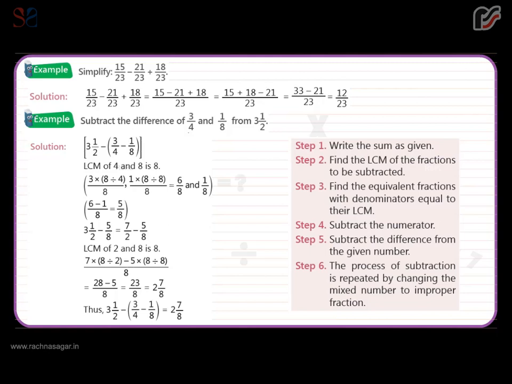LCM of 2 and 8 is 8. (7 multiplied by 8 divided by 2 minus 5 multiplied by 8 divided by 8) upon 8 is equal to (28 minus 5) upon 8, which is equal to 23 upon 8, which is equal to 2 7 upon 8. Thus, 3 1 upon 2 minus (3 upon 4 minus 1 upon 8) is equal to 2 7 upon 8.